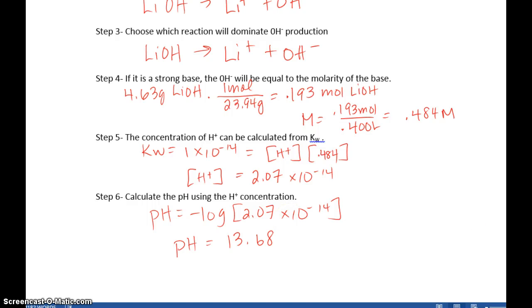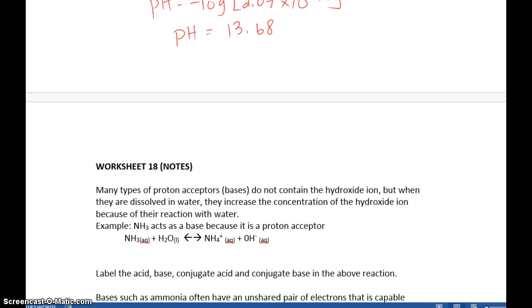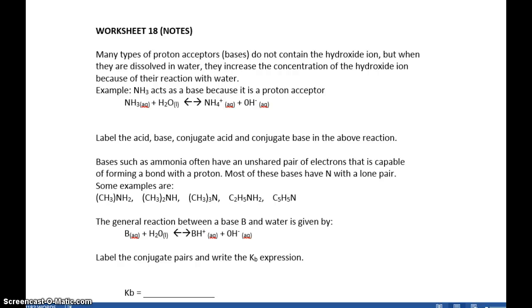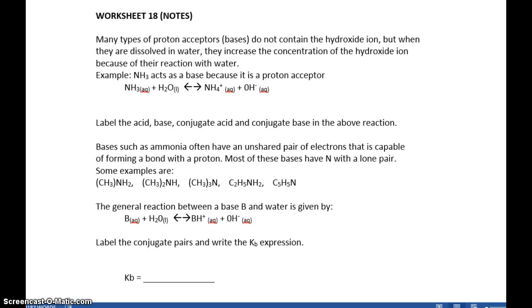So let's go on to worksheet 18 for notes. It says many types of proton acceptors, bases, do not contain the hydroxide ion. So this is our other type of base. But when they're dissolved in water, they increase the concentration of the hydroxide ion because of their reaction with water. Our most common and most used example is ammonia and derivatives of ammonia.